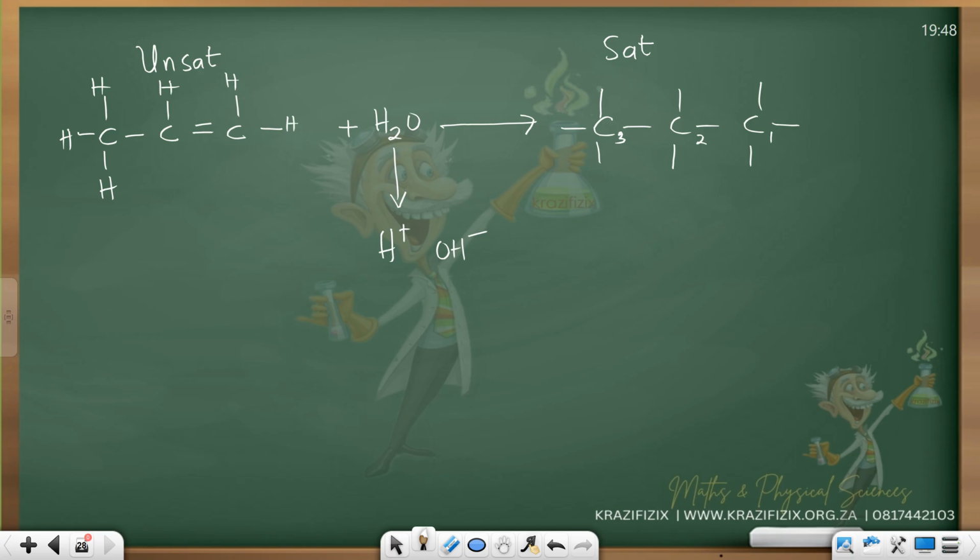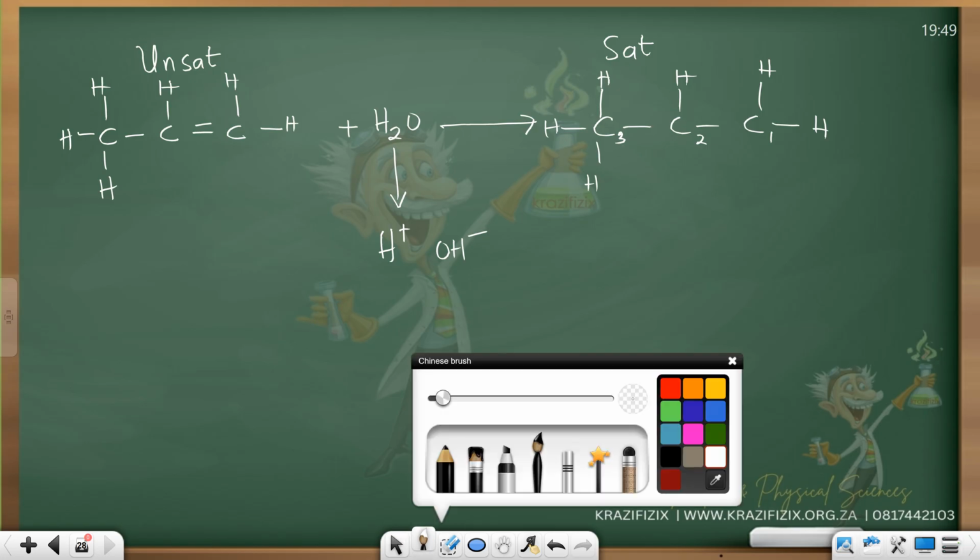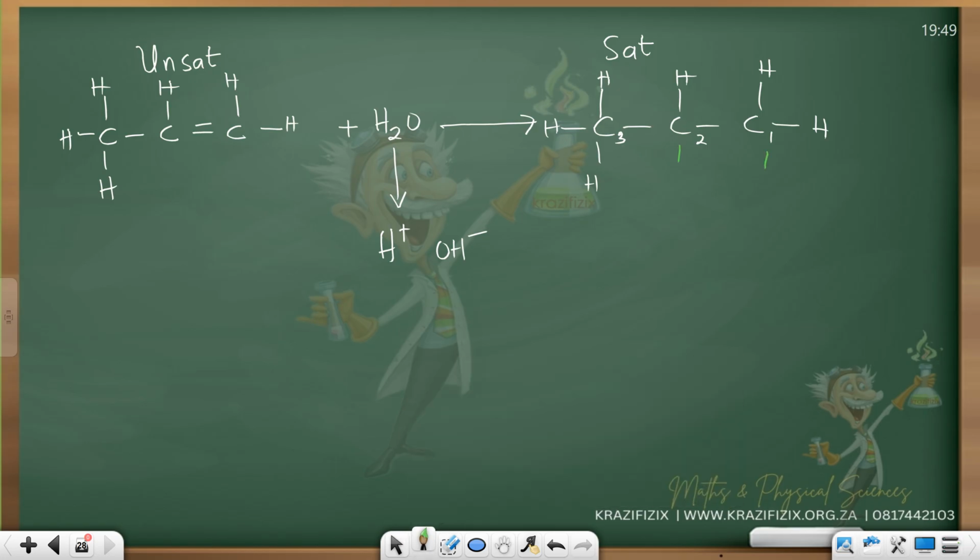All right? These ones are fine. It is these two that we need to sort out, these two bonds. These two guys must come in and sit, but they will check which one has more hydrogen.